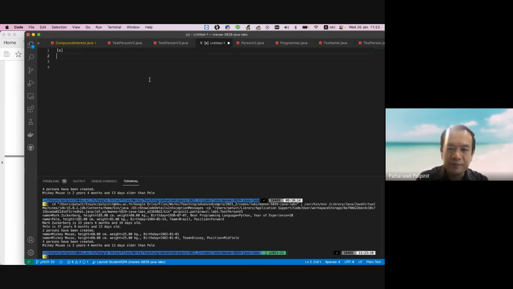So for example, you can have ceiling of 3. What is the smallest integer number that is greater than or equal to 3? Well, that's easy. 3, right? Because 3 is the smallest that is greater than or equal to 3.